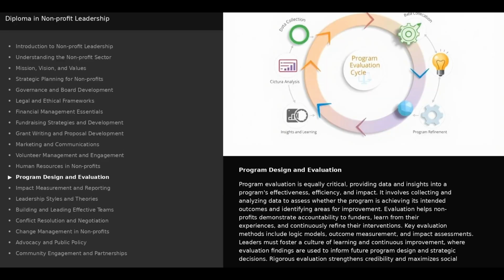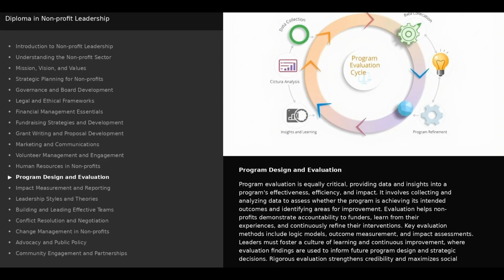Program evaluation is equally critical, providing data and insights into a program's effectiveness, efficiency, and impact. It involves collecting and analyzing data to assess whether the program is achieving its intended outcomes and identifying areas for improvement. Evaluation helps nonprofits demonstrate accountability to funders, learn from their experiences, and continuously refine their interventions.